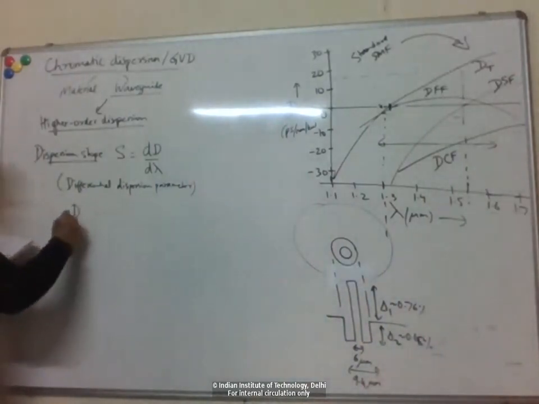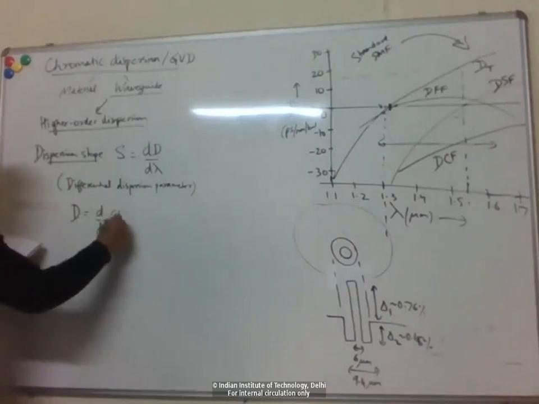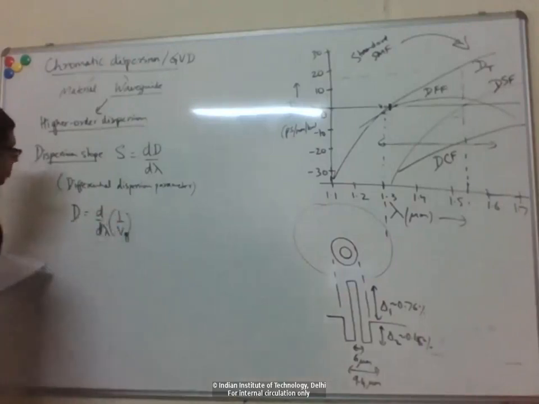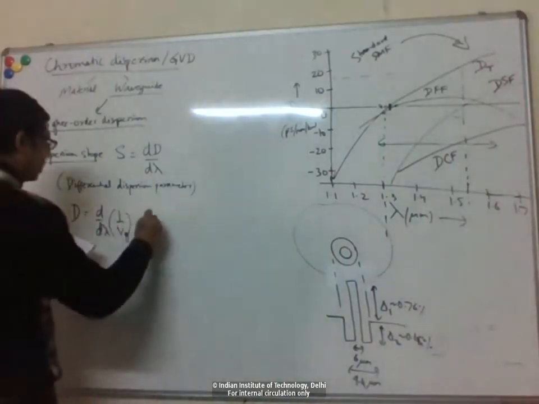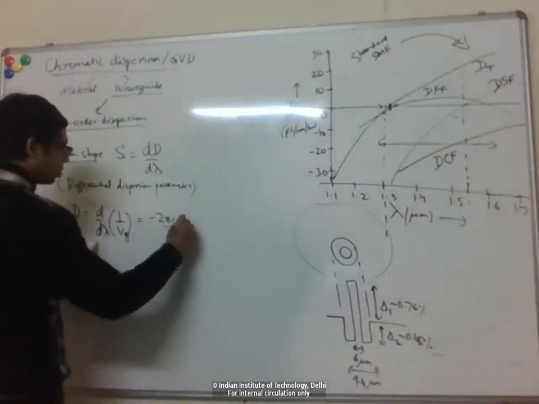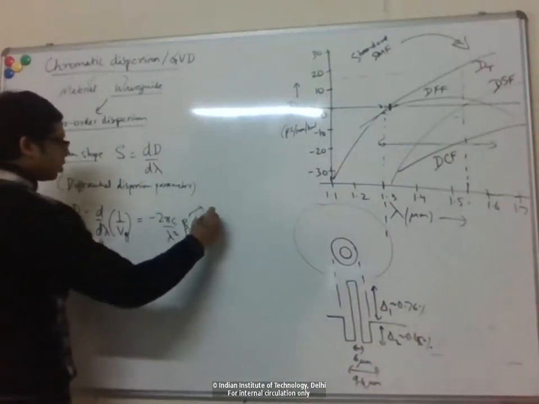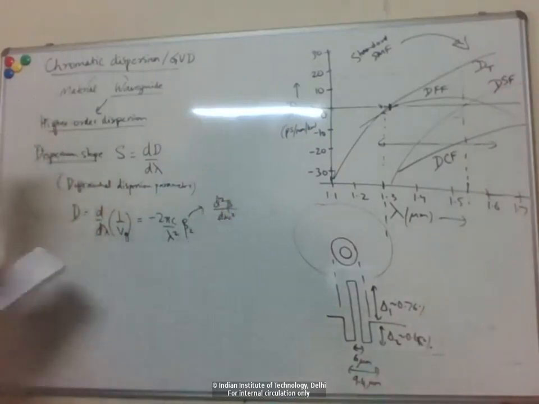Right, so again recall D was the derivative with respect to wavelength of this 1 over group velocity. And it was related to beta 2, the second derivative of the propagation constant with respect to frequency.